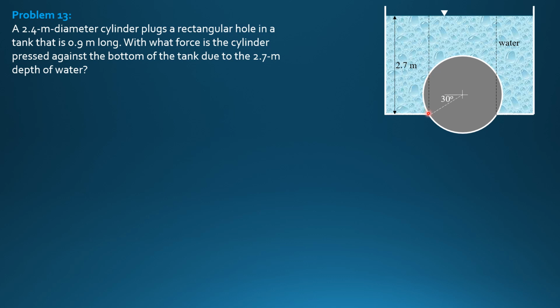Then for this curve here, this falls under case 2. The liquid is under the curve. That's why the force is upward. But for this curve here, this is case 1. The liquid is over the curve, so the force is downward due to the weight of water.